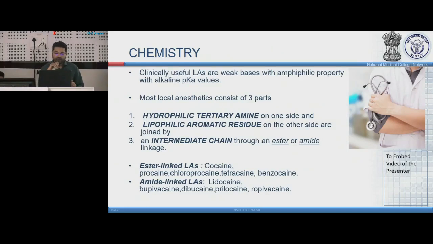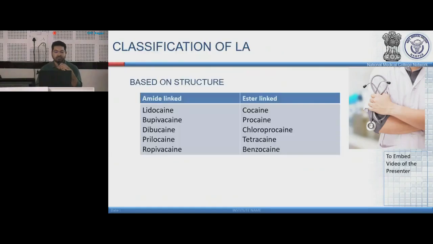Tertiary amines are hydrophilic, aromatic rings are lipophilic, and the intermediate chain can be ester or amide. Based on this, these are classified into two groups: amide groups and ester groups. Amides are lignocaine, bupivacaine, prilocaine, ropivacaine, and esters are cocaine, procaine, chloroprocaine, tetracaine, and benzocaine.